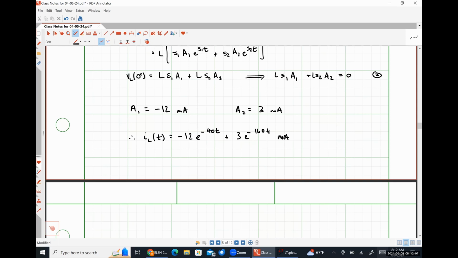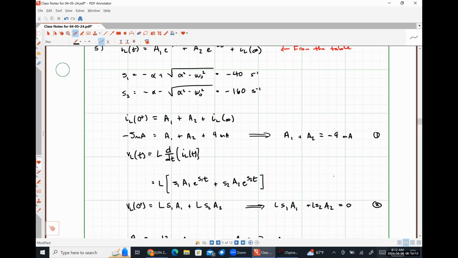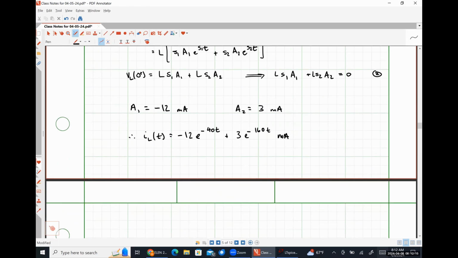So we're going to verify this in just a moment with LTspice. Let me make sure I got those coefficients right. Yep, negative 40, negative 160. Okay.